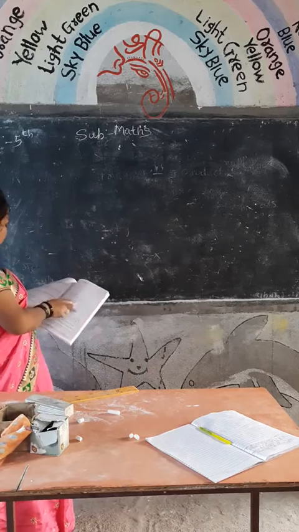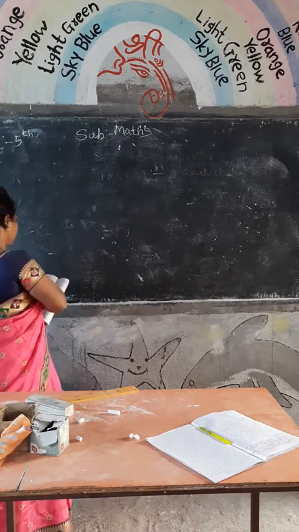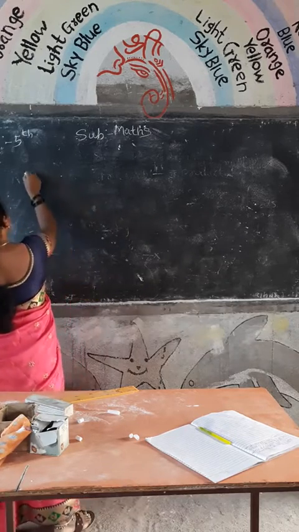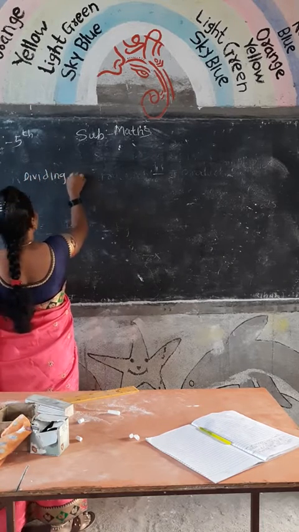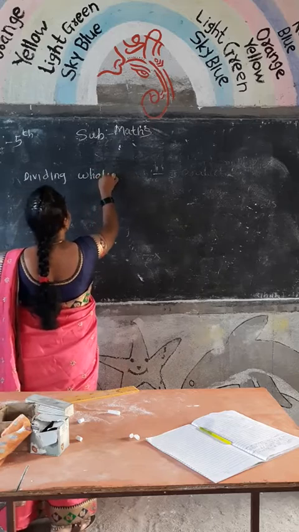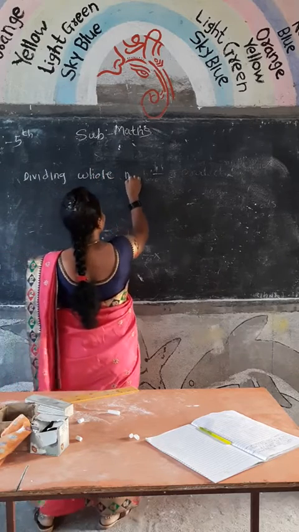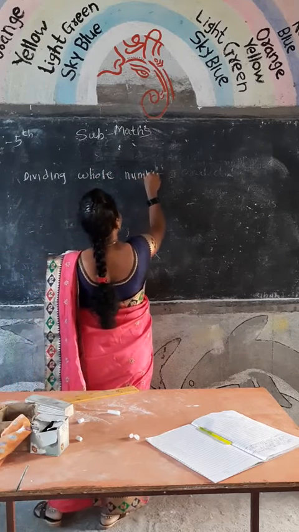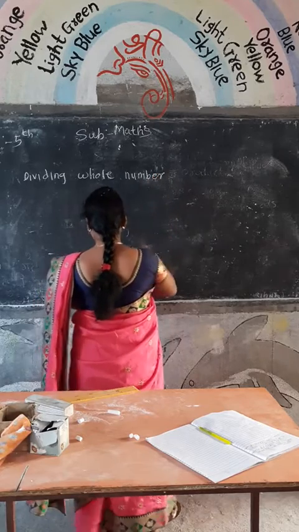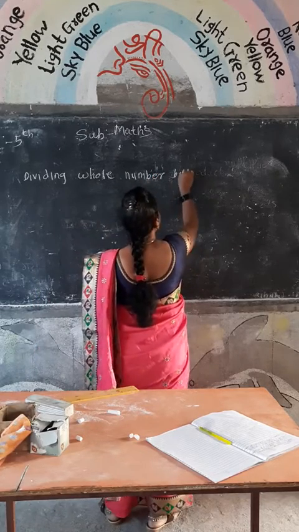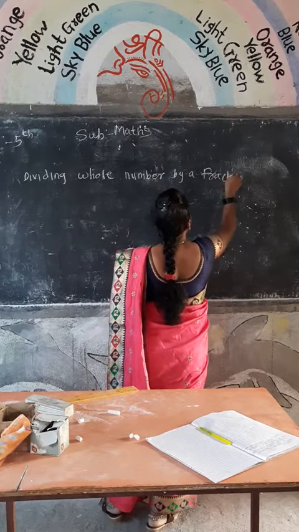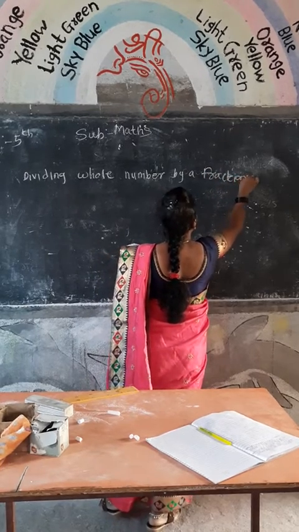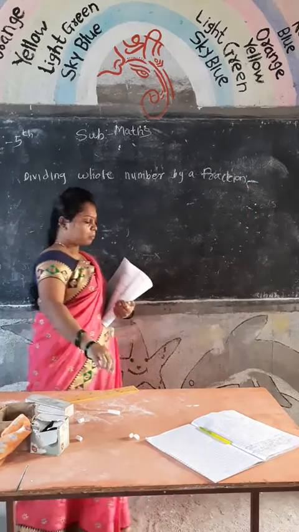Second one is dividing a whole number by a fraction.